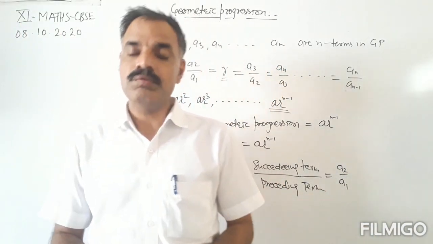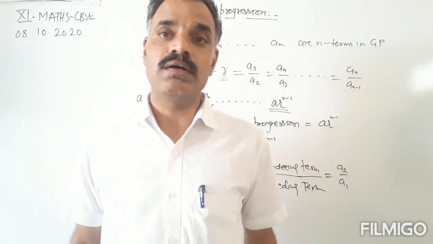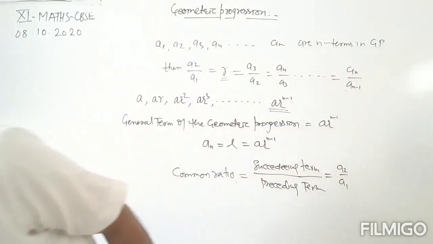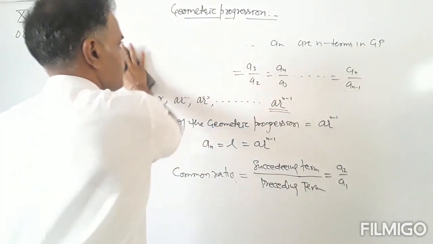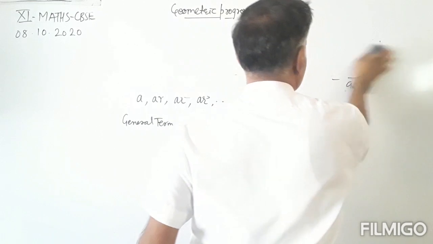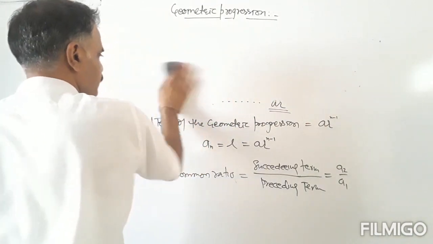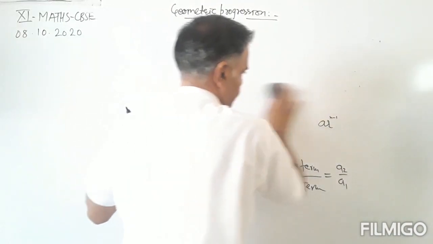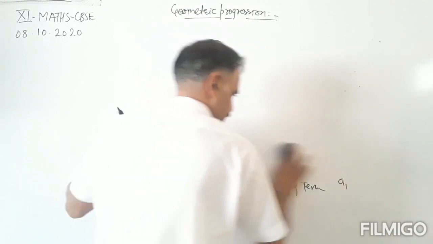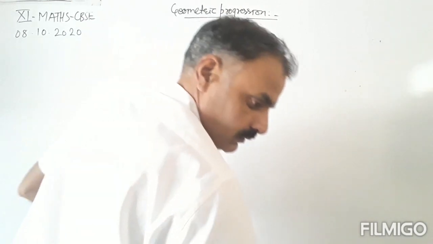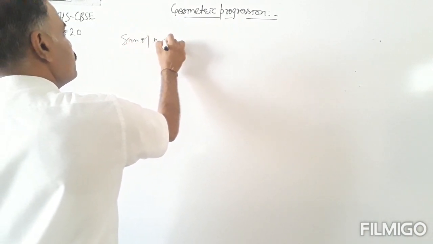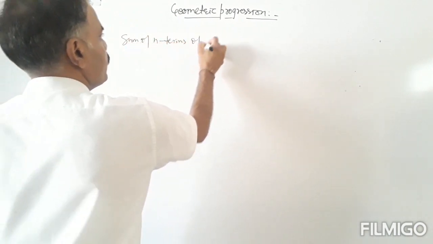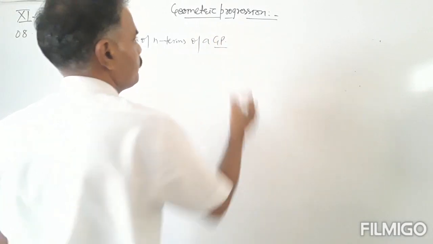Okay, now we will find the sum of n terms of a GP. So write down the topic, that is sum of n terms of a GP, geometric progression.